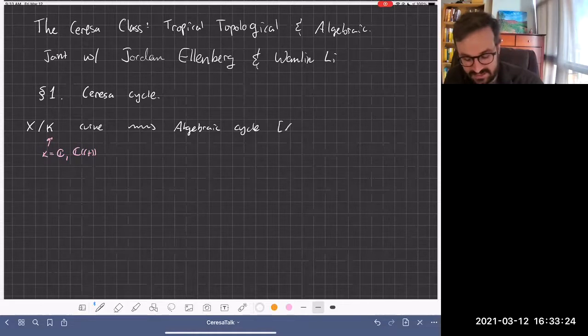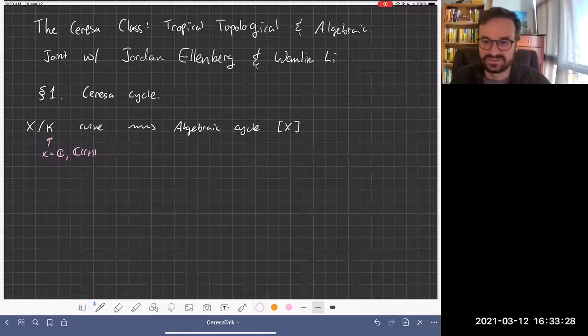You take your curve X, let's say of genus greater than or equal to 3. We could do this for genus greater than or equal to 2, but we'll soon see that nothing interesting happens for genus 2. And so we can take its class inside of the Jacobian via the Abel-Jacobi map.